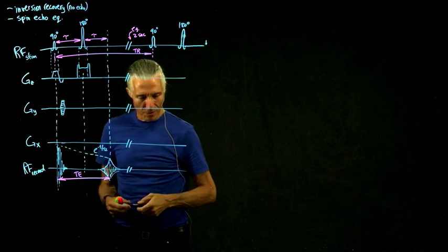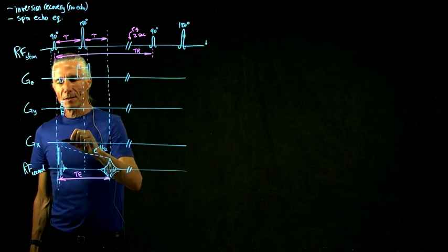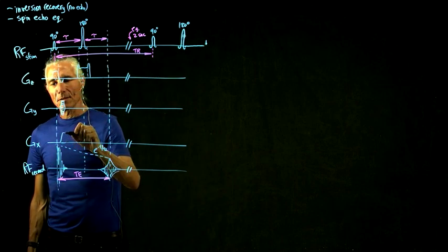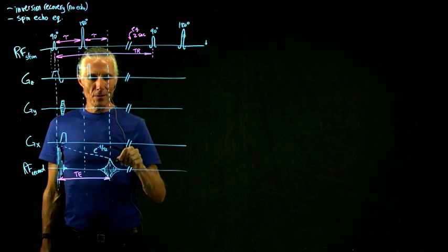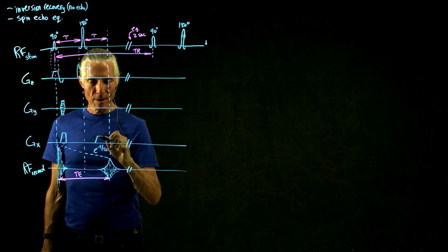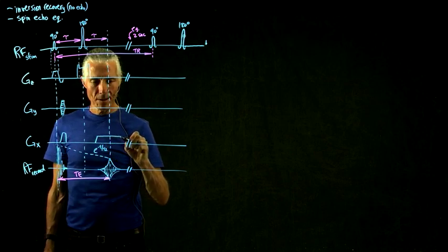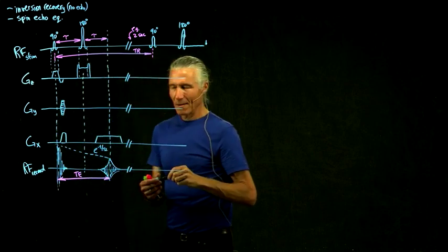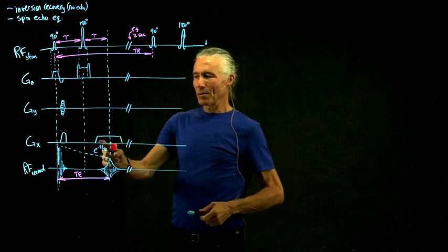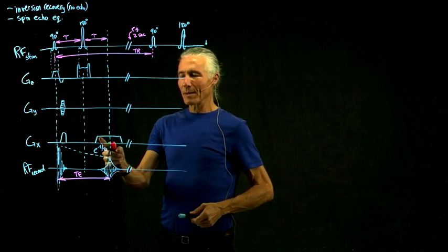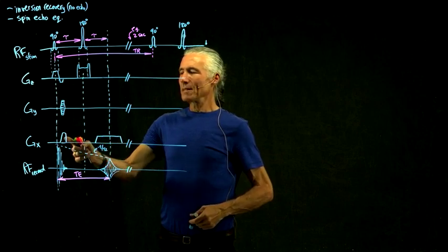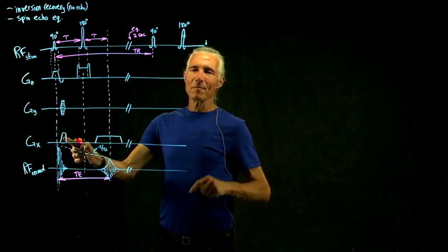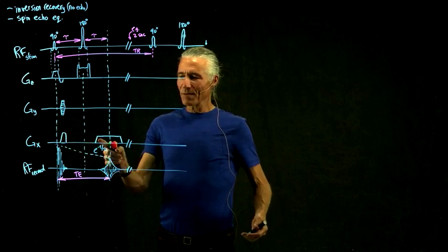And I left out a few gradients. So we're going to also do a right side up pre-winder, and then during the echo, we'll have a gradient on. And so it's a gradient echo. So at this part of the gradient, we've messed up the spins, and now we're fixing the spins.